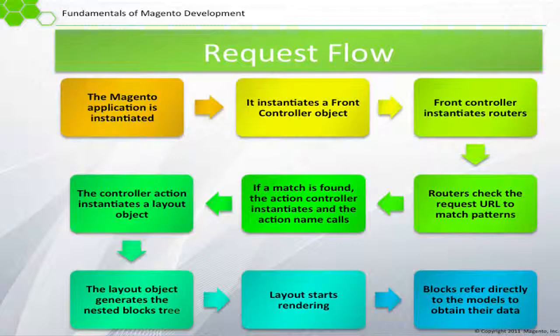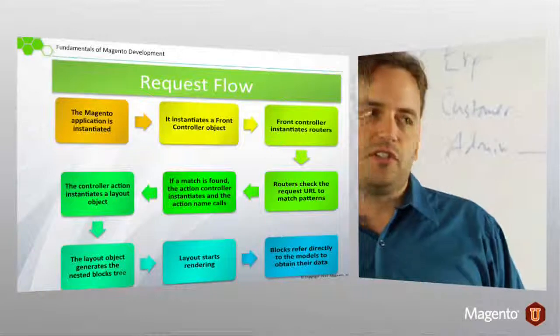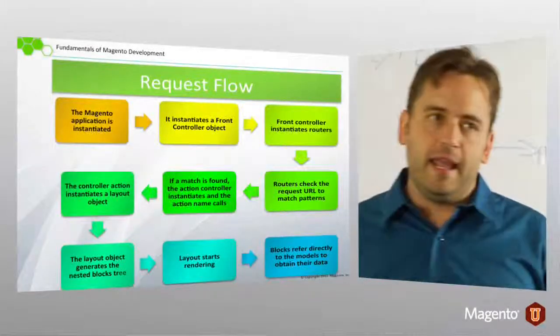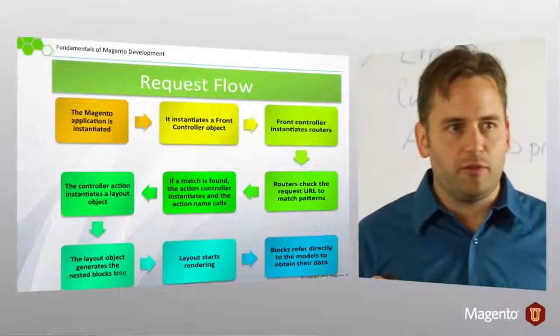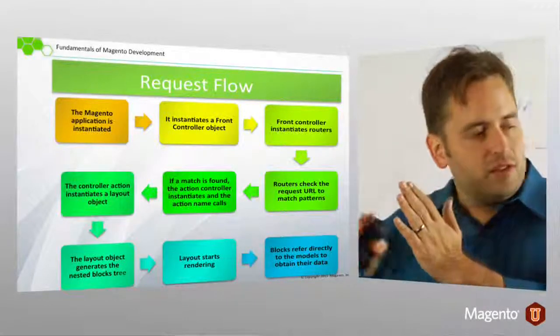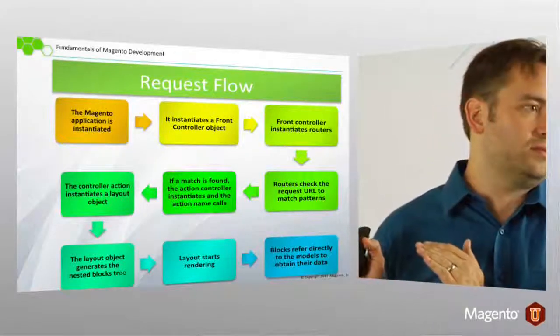Now, if the match is found, finding the match means connecting configuration to some module controller space. A match will involve both the controller file and the path on which that file is found, and a method inside that file.